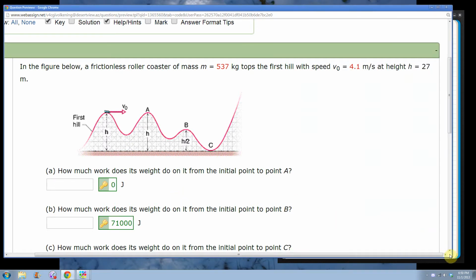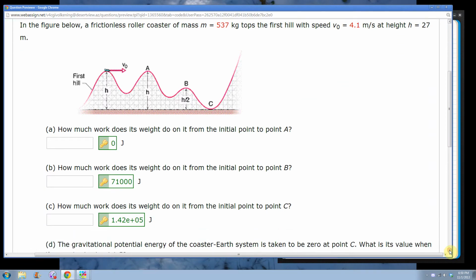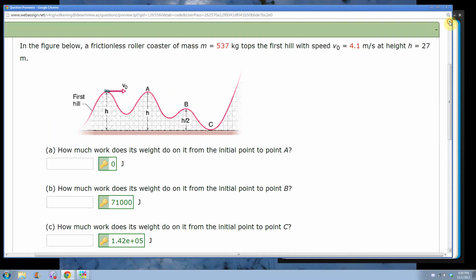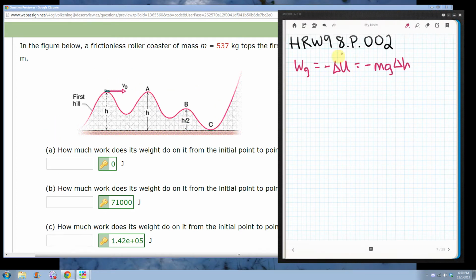Okay. Then it says, how much work does its weight do on it from the initial point to point B? Okay, that's a little more interesting. So if we look here, use this equation. So the work done by its weight, by gravity, from the initial point, is negative mg delta h.